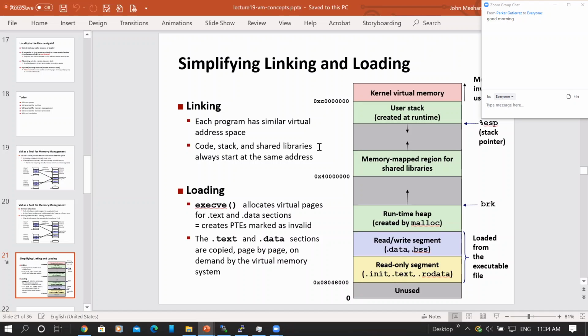But we take the virtual address space, and in most cases, we just slice it in half. The lower addresses is where your normal user process addresses are running in your virtual address space. And the top half of your virtual address space, we map to the operating system.